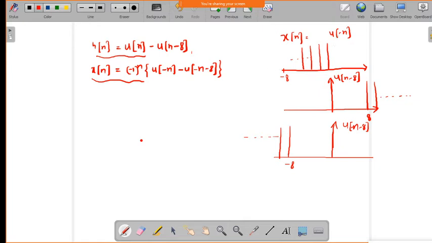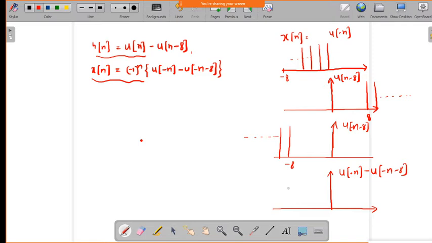If you subtract both, this will give only the samples between minus 7 and 0.